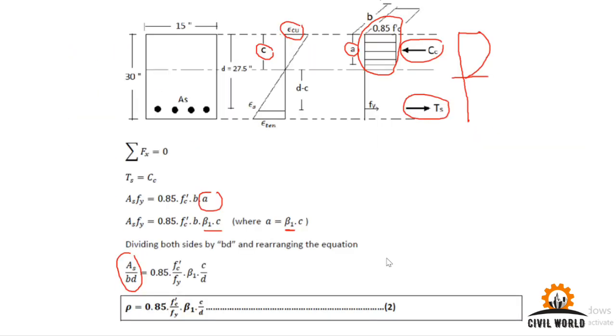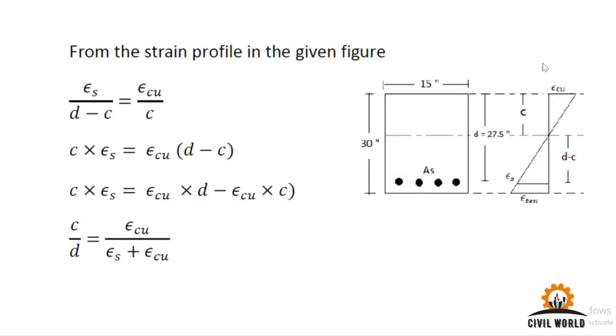Okay, so now we'll put in the value of c over d to express this reinforcement ratio in terms of strain in concrete and strain in steel. So we have the same section, we have the same strain profile.